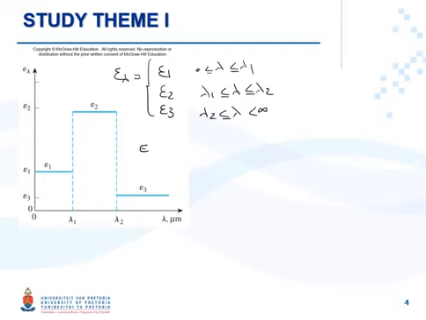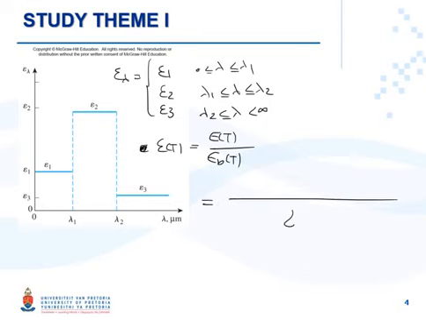Average emissivity, epsilon T. If you remember, we said that average emissivity is E(T) divided by Eb(T) for the Blackbody. So basically we can say that E(T) here will be the integration between 0 to infinity of epsilon lambda (lambda, T) Eb lambda (lambda, T) d lambda.